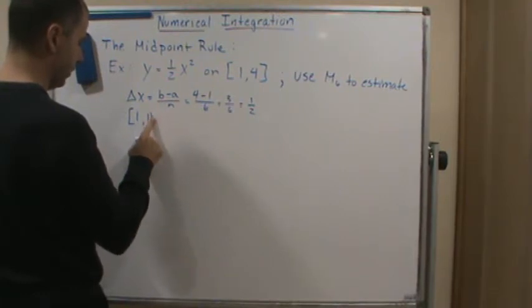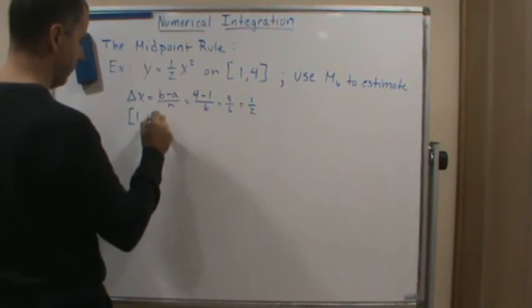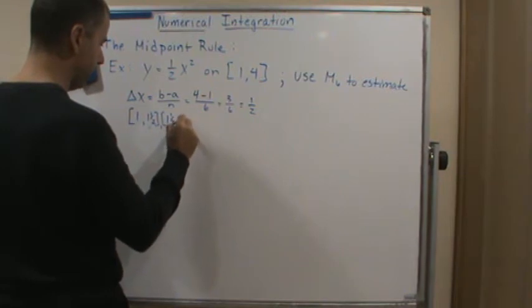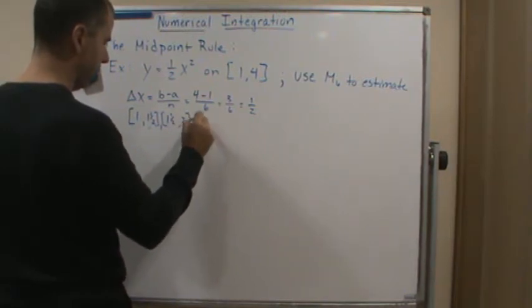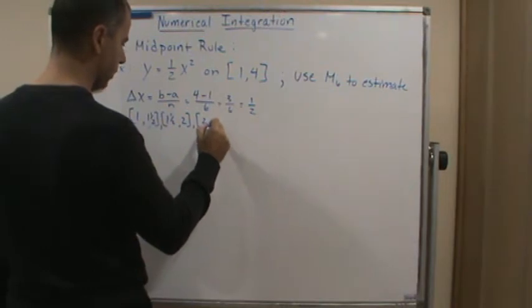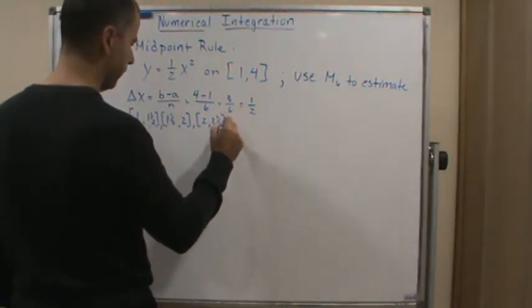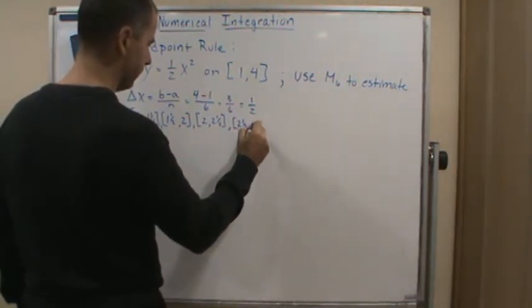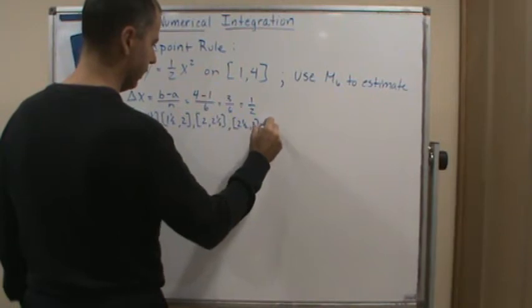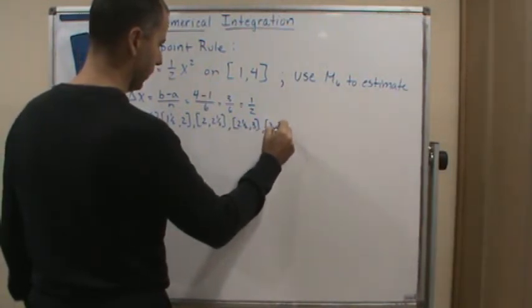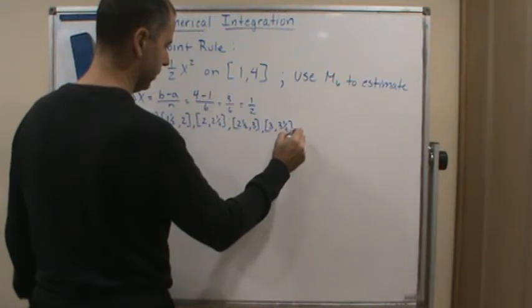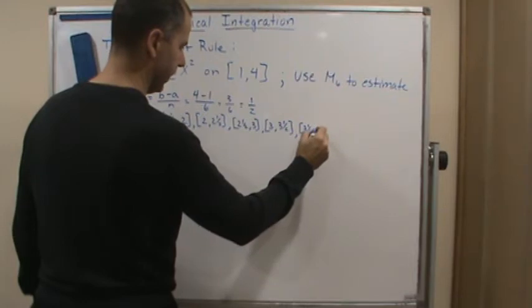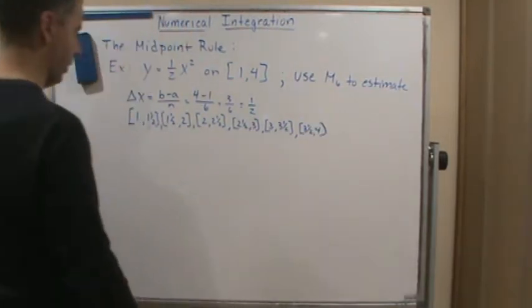Then our next subinterval is 1.5 to 2, then 2 to 2.5, then 2.5 to 3, then 3 to 3.5, and finally 3.5 to 4.